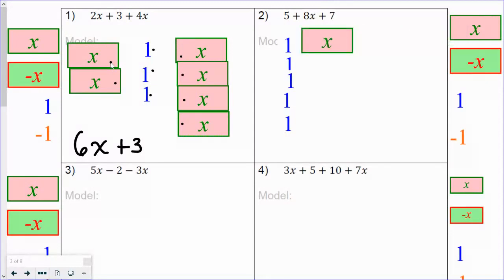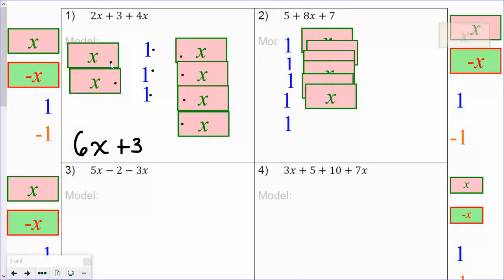And it says to have 8 of these. 2, 3, 4, 5, 6, 7, 8. Now I'm going to add 7. So we're going to put 7 of these 1s right here. There's 4, 5, 6, and 7.